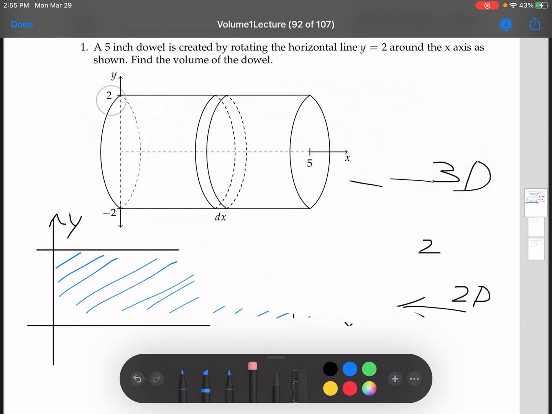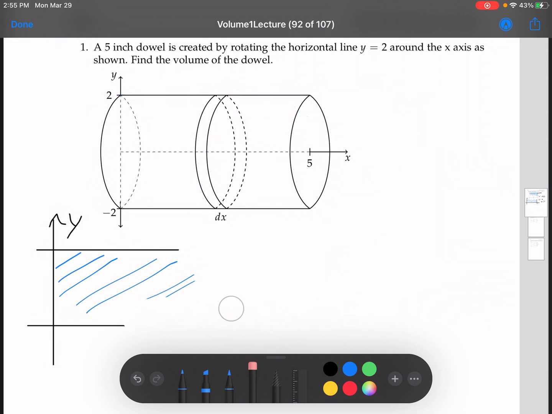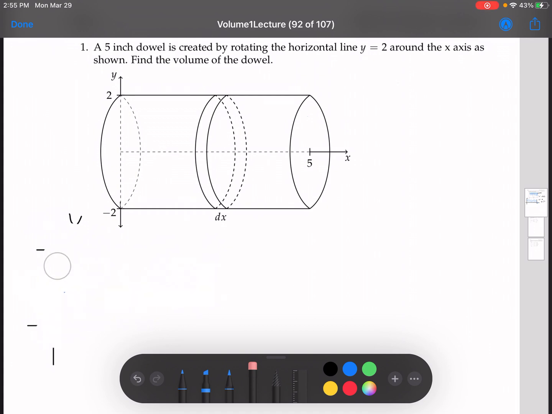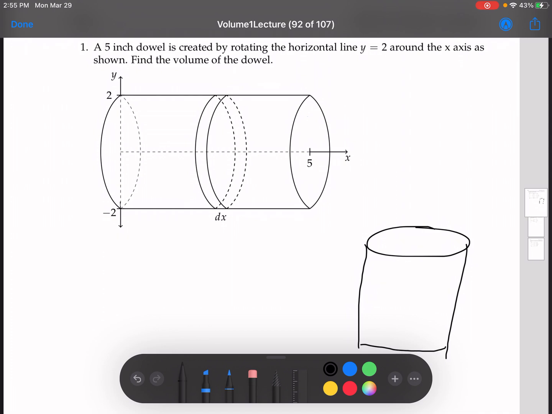All right, so now let's go back to the cylinder and think about what we are doing when we compute the volume of the cylinder. Remember how I said the volume was the area of the base.